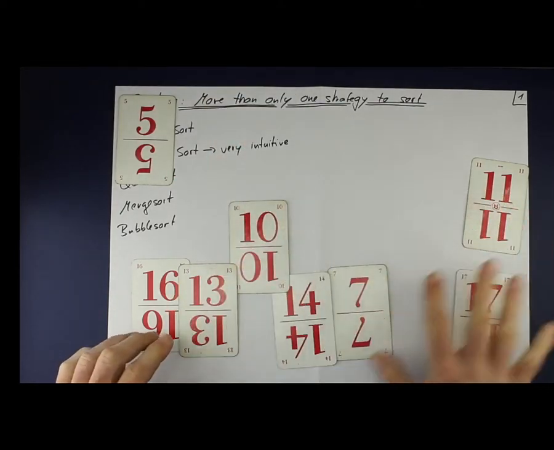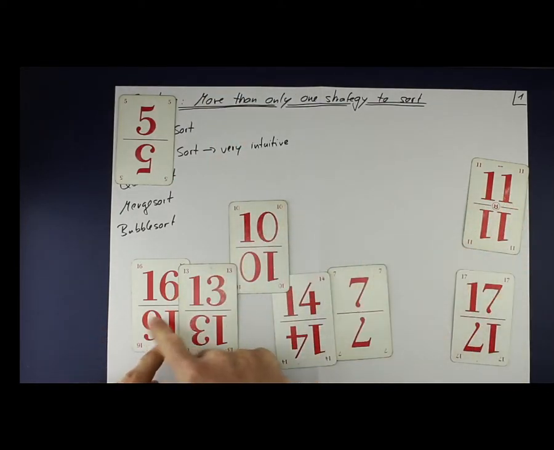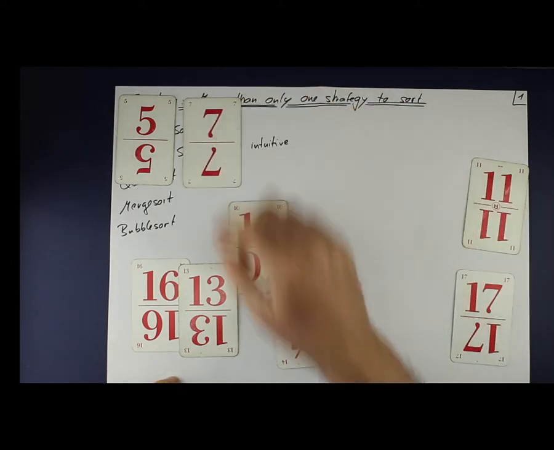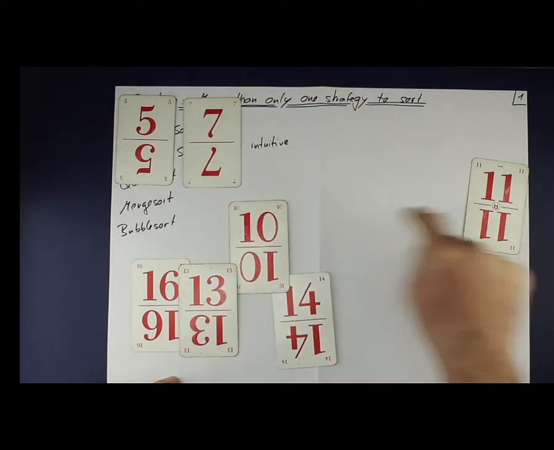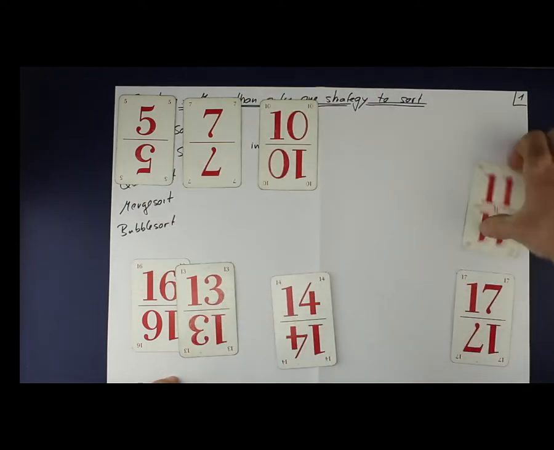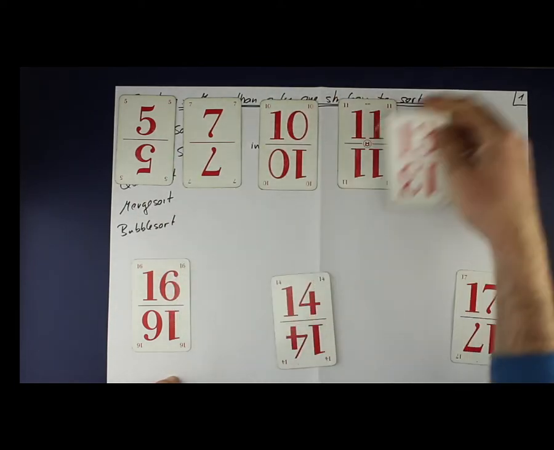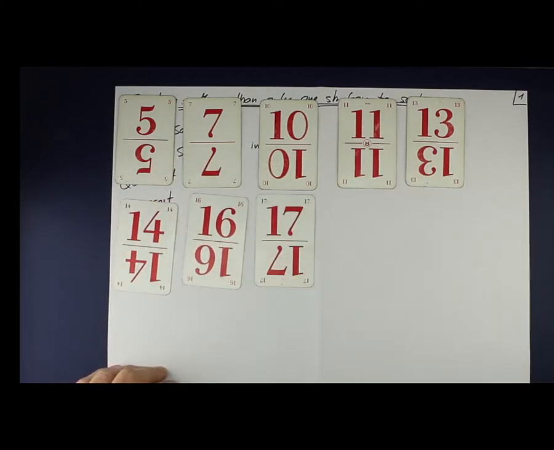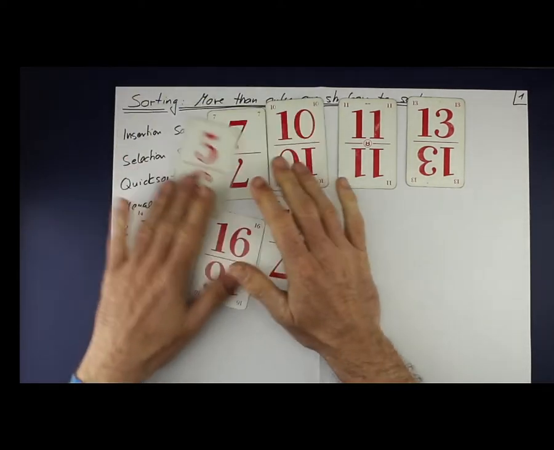Then I have 7 remaining cards. I will find out what is the smallest value. This one. Go through the deck, smallest value, go through the deck, smallest value, and continue the job in that way. That is selection sort.